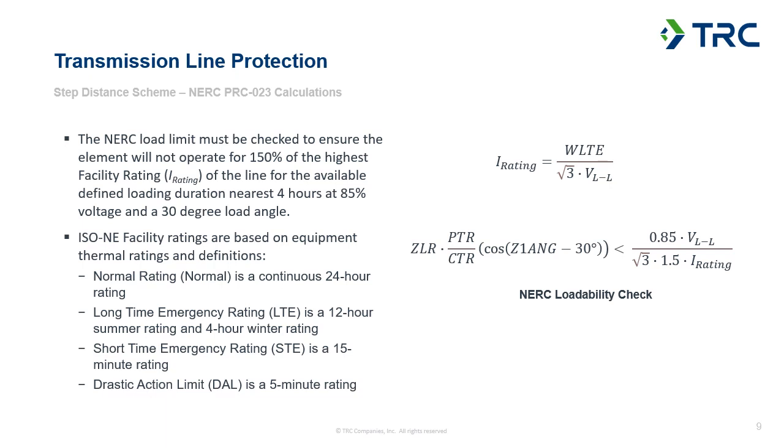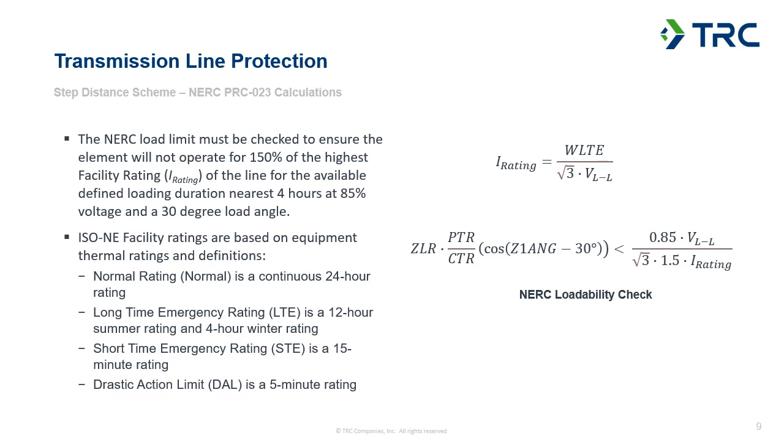So at your normal rating, you're able to operate forever, and you won't have any thermal damage to your conductors or any loss of lifespan of that equipment. The long-term emergency rating is a 12-hour summer or a 4-hour winter rating. And that's called the LTE, and generally it's the summer or winter LTE that you describe there.